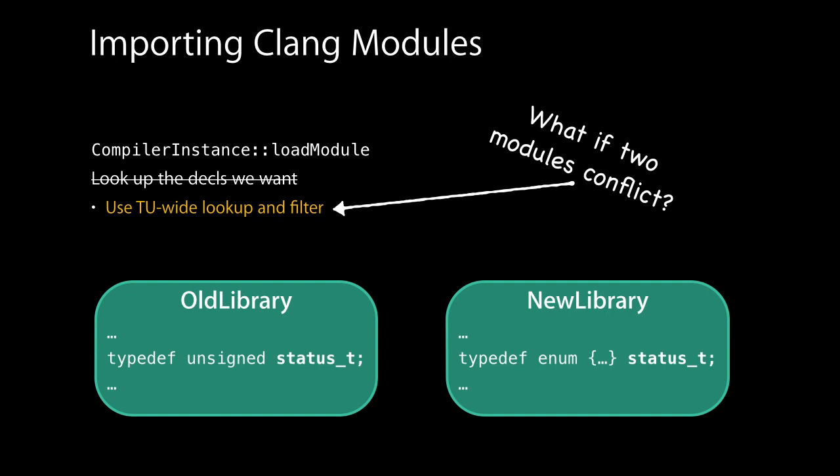There's no problem with that because types don't have symbols. They don't show up anywhere in your program. But if you try to load them into the same Clang translation unit, you get an error. At best, you'd get an ambiguity, and in the worst case, you actually have a conflict. Which status_t do you mean? We recognize this problem in Swift, but we couldn't actually come up with a great solution right now. So it's something that we could look into improving in the future.